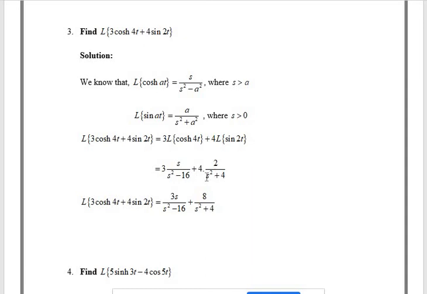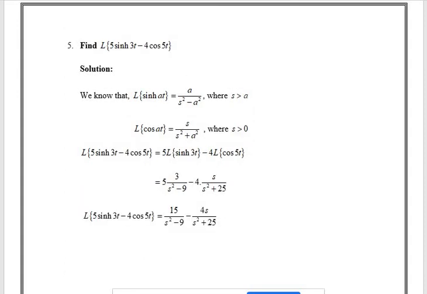Now multiplying these terms, we get 3s by s square minus 16 plus 8 by s square plus 4. So this is the required Laplace transformation.